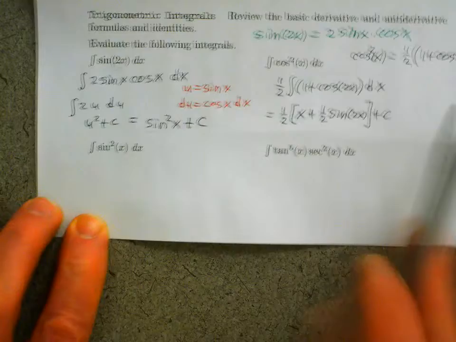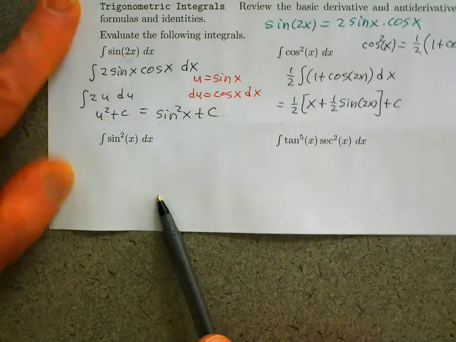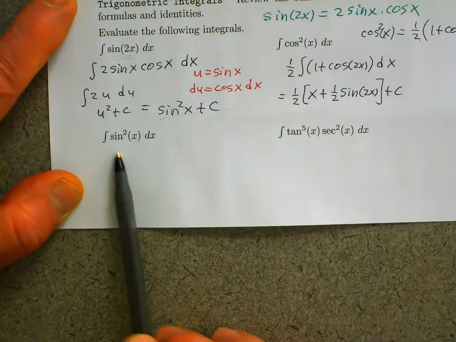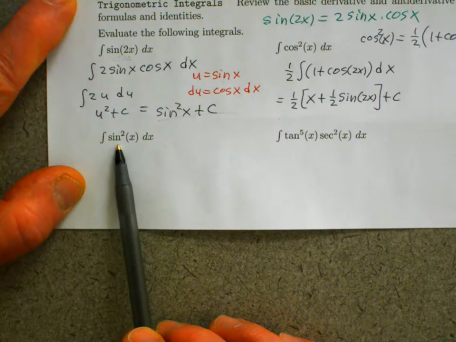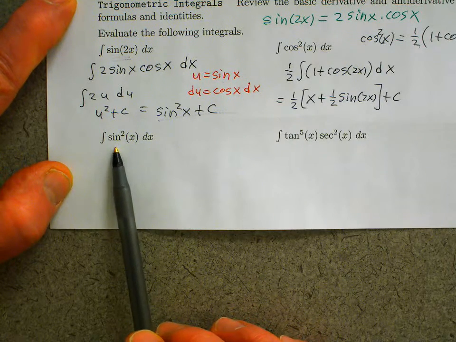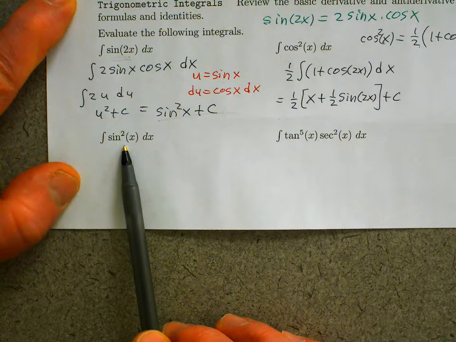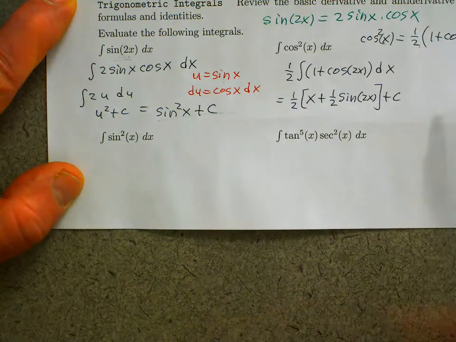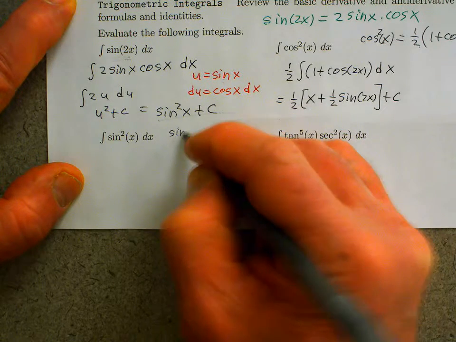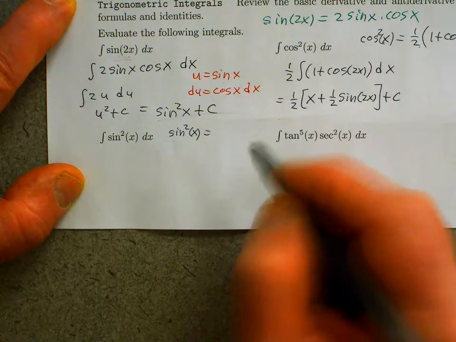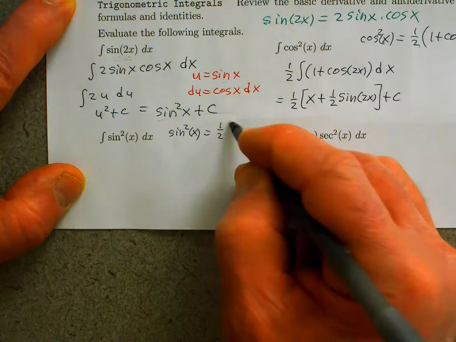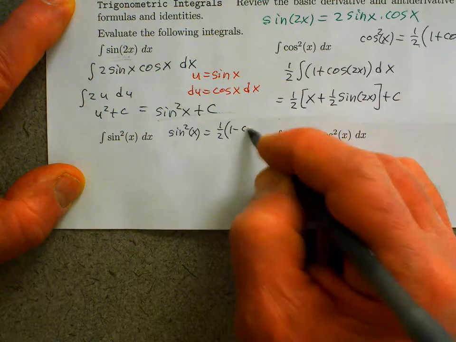And then related, or in a similar vein, a common identity for sine of x squared is, at least when computing antiderivatives, 1/2 times the quantity 1 minus cosine of 2x.